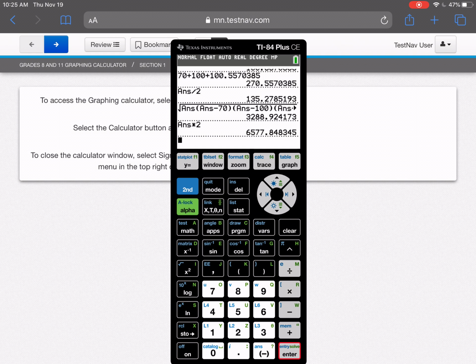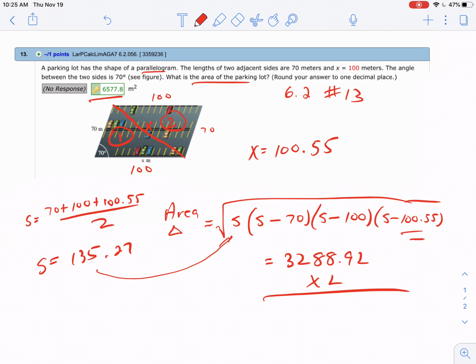Had I rounded to the nearest tenth up above, it would have just been the 3288.9, so that would have worked as well. So just double check, right? To get this answer, you may have to use the full decimal. Maybe you're able to round it, but I just wanted to show that.